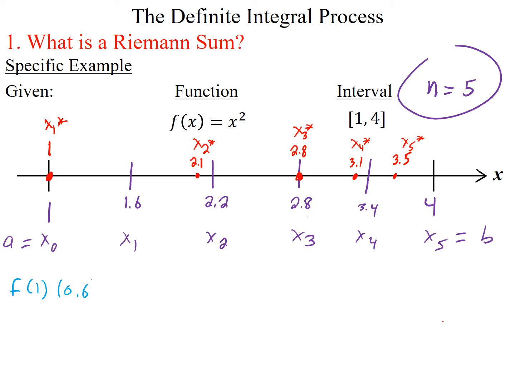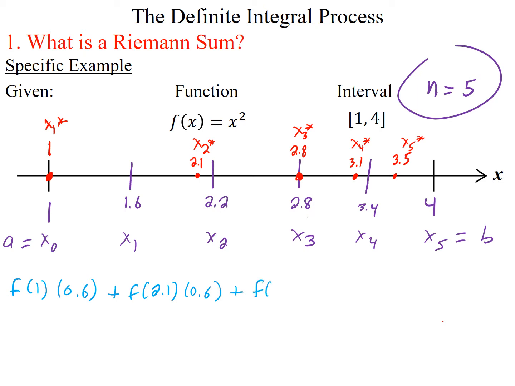Plus, then you plug in 2.1, because that was your second number you picked, and then multiply by the width of the second interval, which is again 1. Oh no, it's not 1. Sorry, too many mistakes. The width of all the intervals is 0.6. Then you plug in the third number you picked, the number from the third interval, which was 2.8.